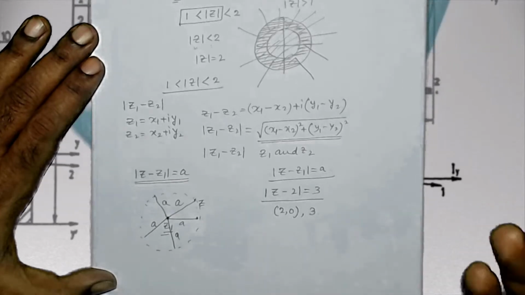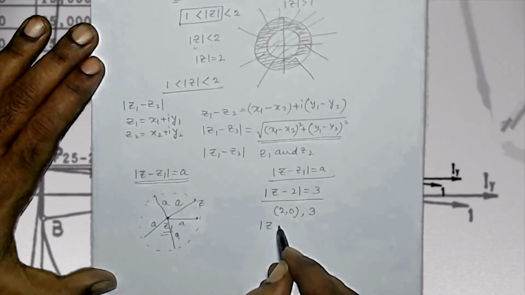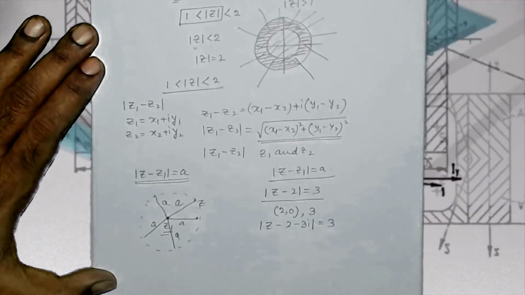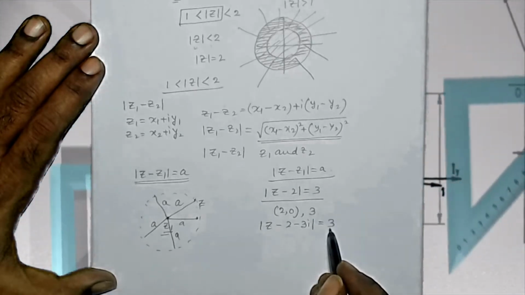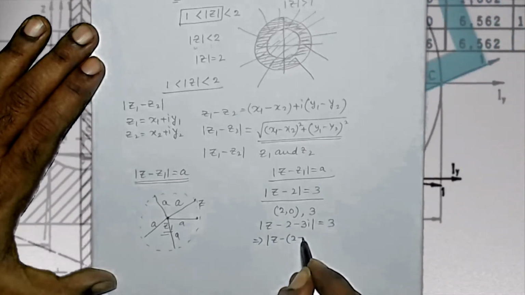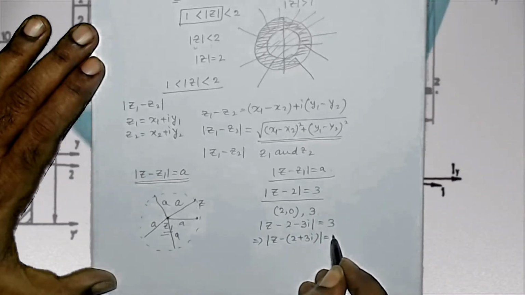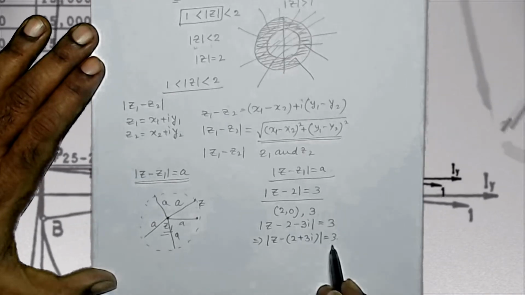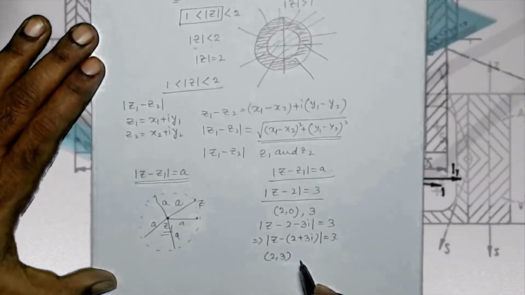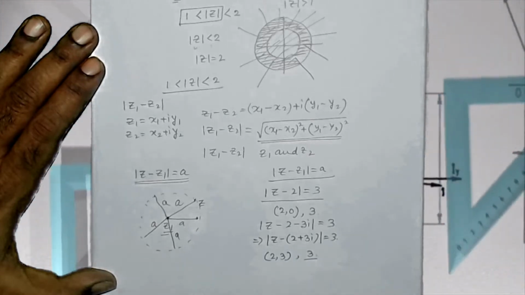Yes? Let us take another example. Mod of z minus 2 minus 3 iota is 3. What do you mean by this? It means mod of z minus 2 minus 3 iota equals 3 represents a circle whose center is at 2, 3 and radius is 3 units.